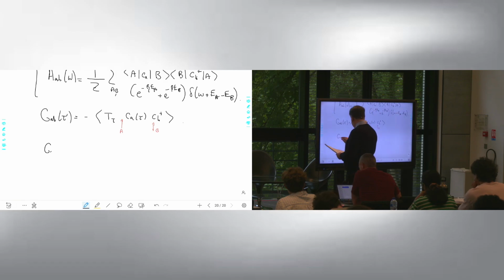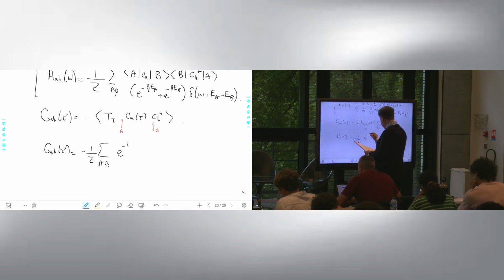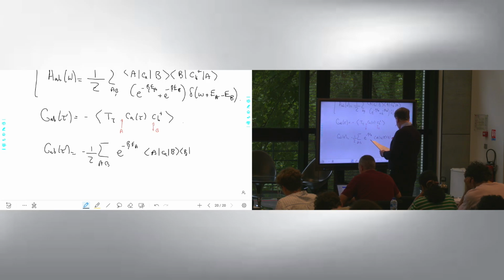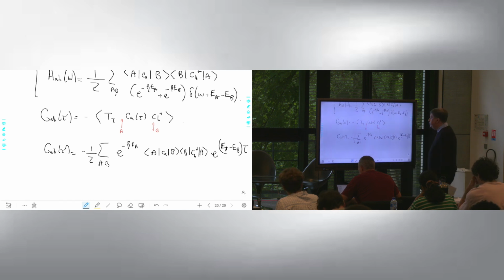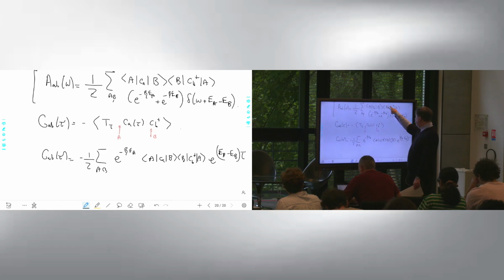So I'm going to obtain GAB of tau equal minus the sum over AB of exponential minus beta EA. That's the same as before. Just the same as before, so it starts to look the same. Well, it's not exactly the same as this and that, but it looks similar. We have the same terms.